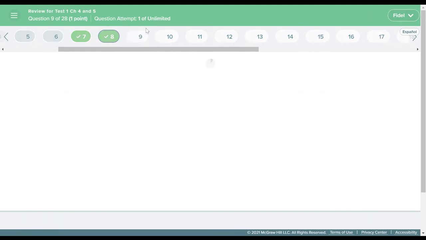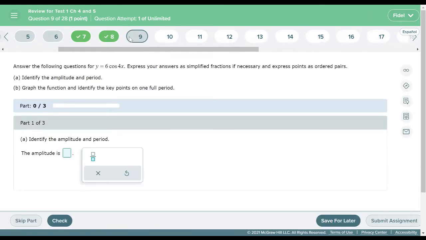Okie dokie, artichoke. So look, let's take a look here. Number 9. It says answer the following questions for y equals cosine 4x. Find the amplitude and period. Y'all want to do this one? Okay, let's do this. Very good.